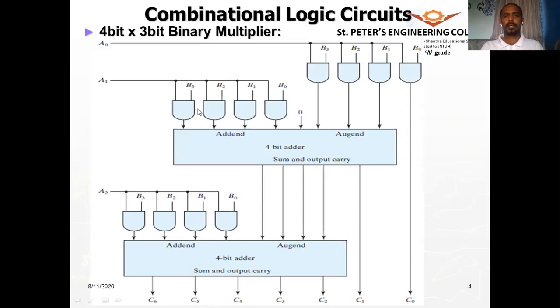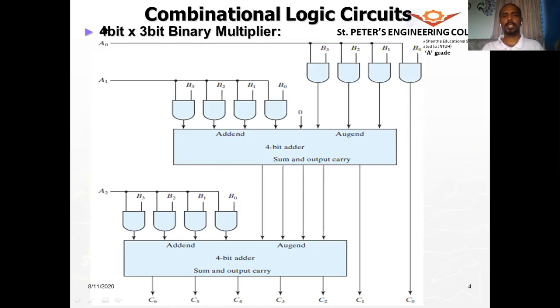Next, here we are taking A1 multiplied by all the terms B0, B1, B2 and B3. So we get 4 different terms, and again you add it with the previous result. Then we multiply A2 with all the bits B0, B1, B2, B3, and that result along with the previous one you have to add, and therefore you get the final result, which is all these bits C6, C5, C4.